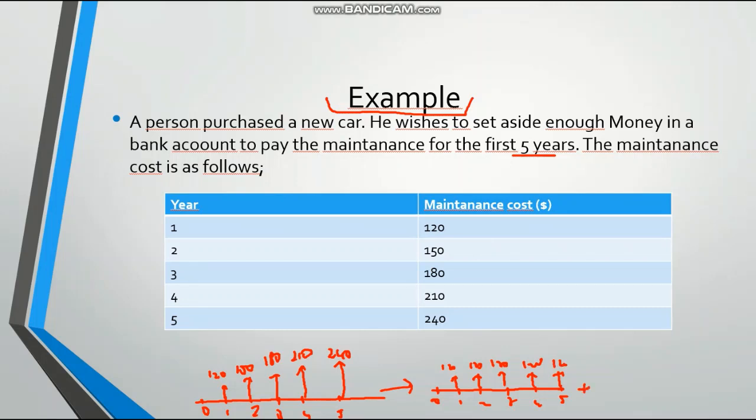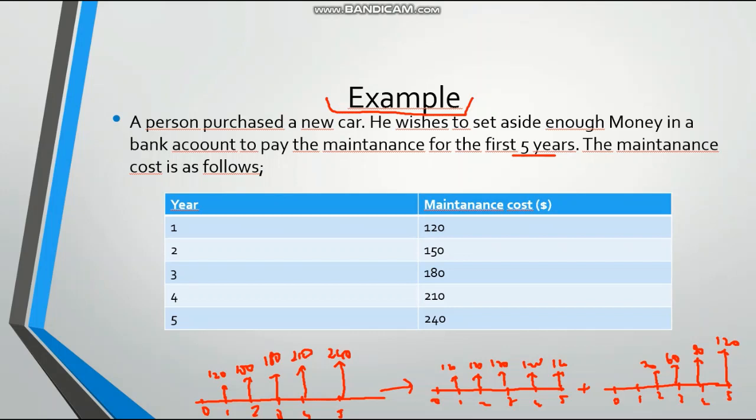Plus, after the first year, at 0, 1, when he comes to the second year, he pays an extra $30. So it's 30 here, then 3, 4, 5. Then he pays an extra 60 here. He pays at the fourth year an extra $90. And then the last one is $120 higher than the first year payment.